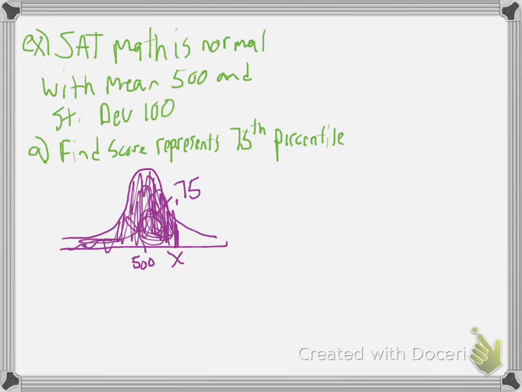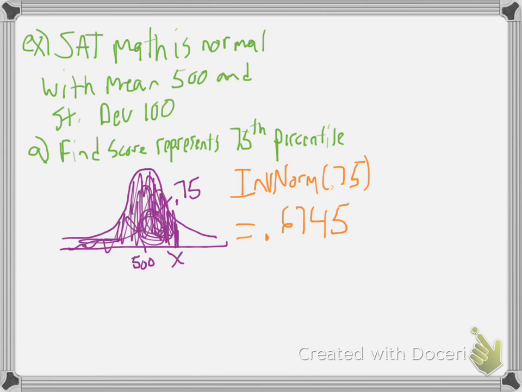Well, to start, we're going to use inverse norm. We're going to do inverse norm to figure out what z-score has an area to the left of 0.7500. So if we do inverse norm of 0.75, we get 0.6745.